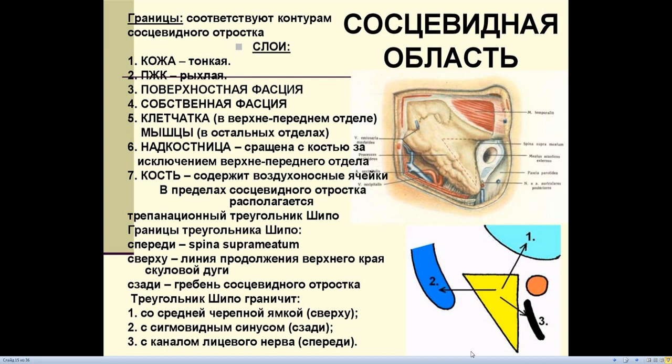All three stores communicate between themselves by emissary veins.